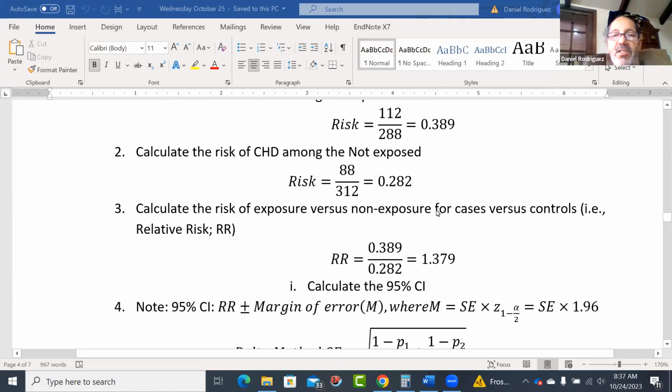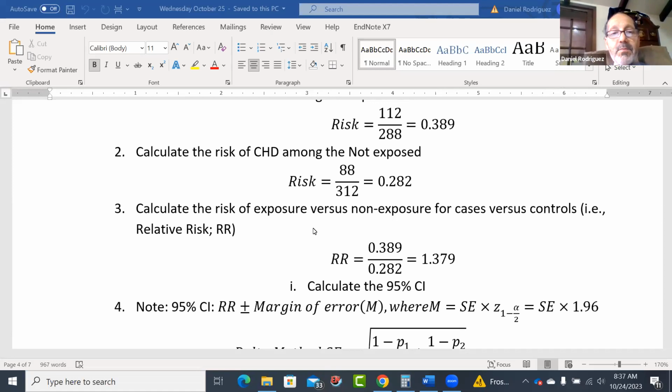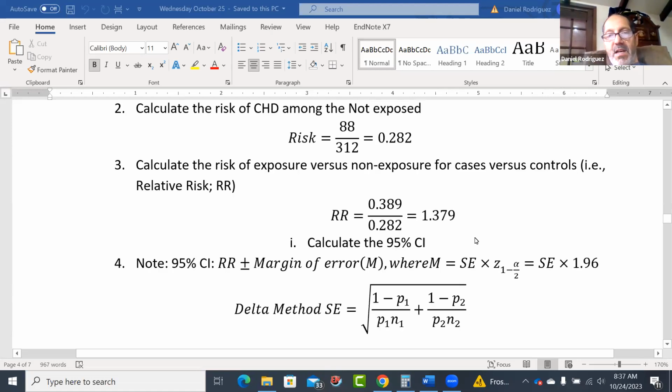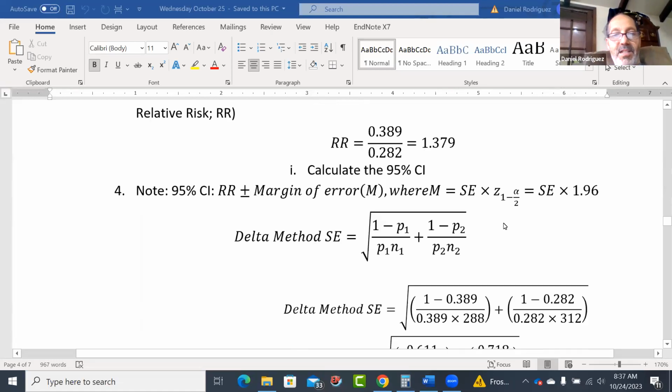Notice here, though, we're just talking about the risk in terms of a proportion. We're not reporting it per 1,000, because we could do that, but that's not what we're interested in here. So we're keeping it in terms of these proportions. So we calculate the risk of the exposed versus the risk among the not exposed to get the relative risk, and we get a relative risk of 1.379, or we can round that to 1.38. Then we calculate the 95% confidence interval.